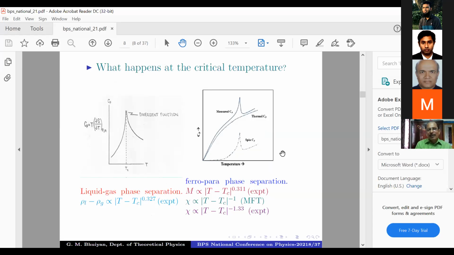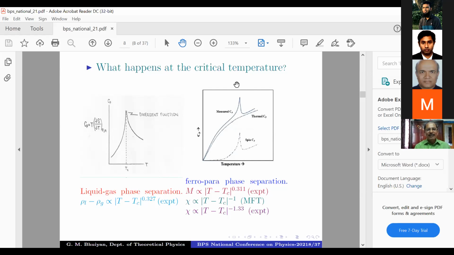Again, if you look at magnetism, the ferro to para phase transition, you see when it comes to the critical temperature, that means the Curie temperature, there is a divergence of the specific heat. So a very interesting thing: two different phenomena, but behaving similarly, particularly at the critical point.